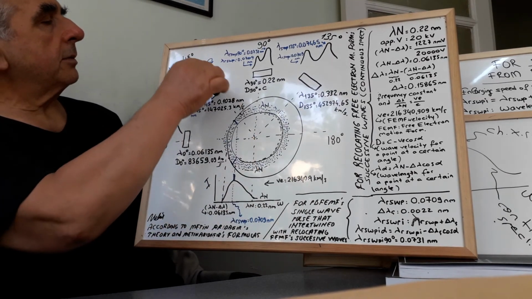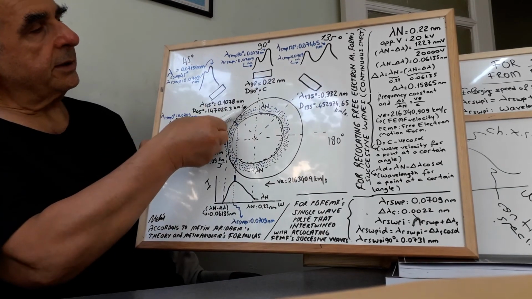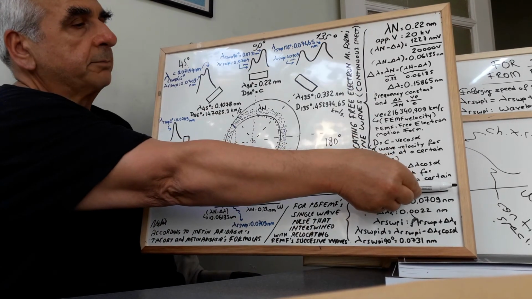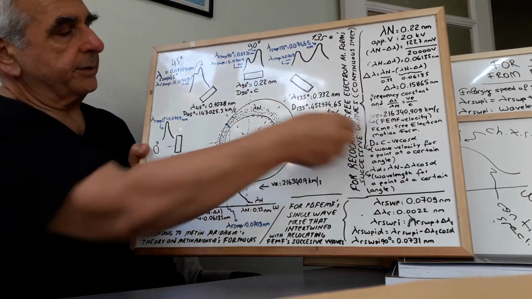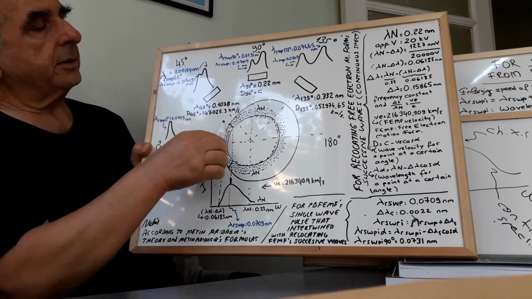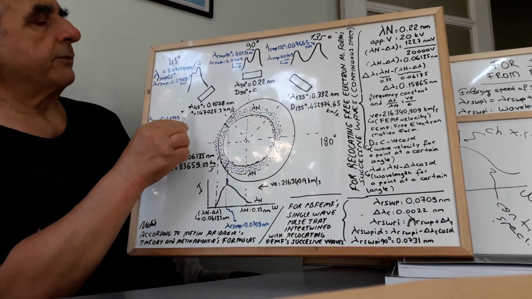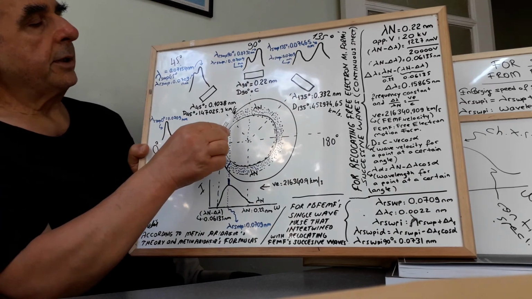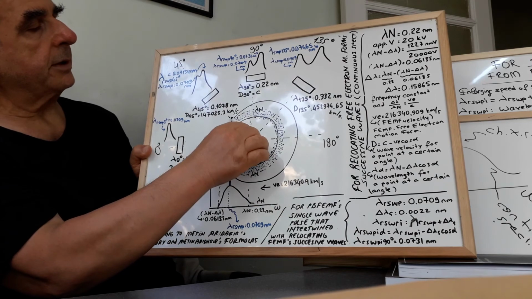What about 45 degree? This side we compute with these formulas. This side is for successive waves from the relocating free electron motion form. For this point, okay, 45 degree.